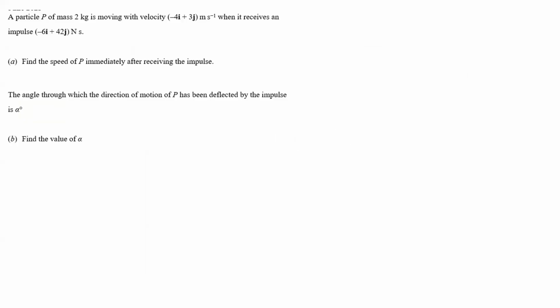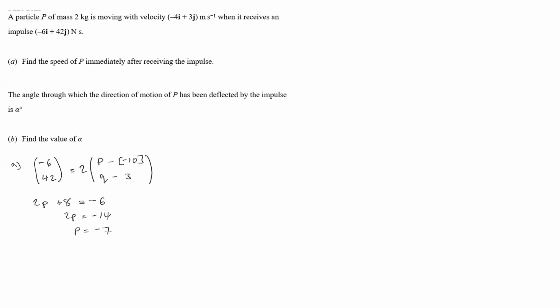Question one, a particle P of mass 2 kilograms is moving with that velocity and it receives an impulse of that much. Find the speed of P immediately after receiving the impulse. So I did the impulse equation and the velocity V, I've just put that as a P and Q to form the vector.